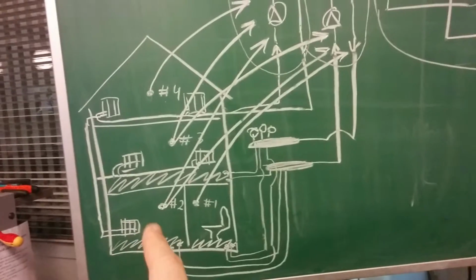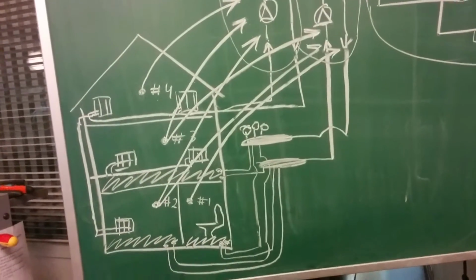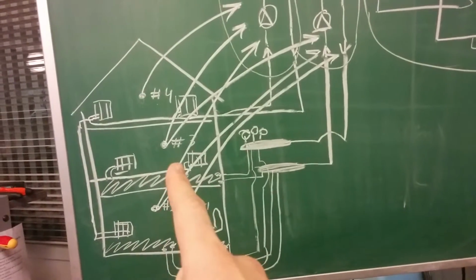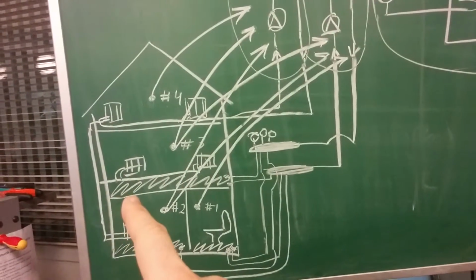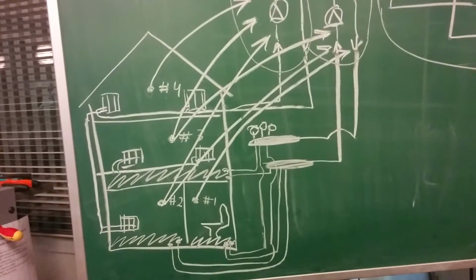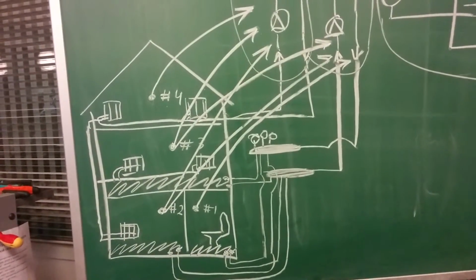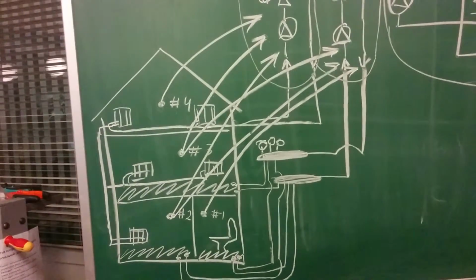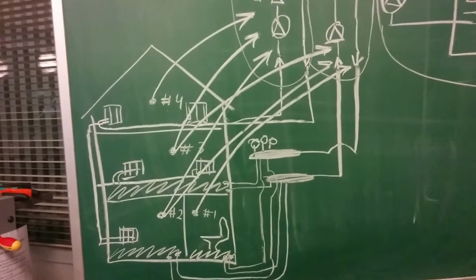In the first and second floors, they are heated by both underfloor heating and radiator heating. And on the top floor, you can see there are only radiators installed.